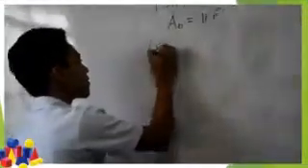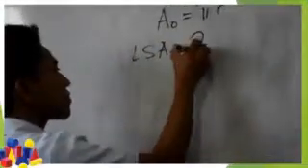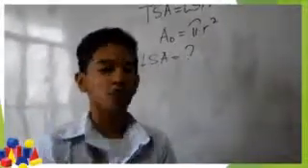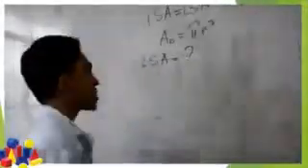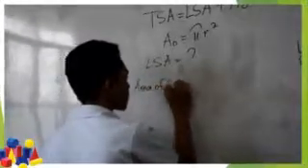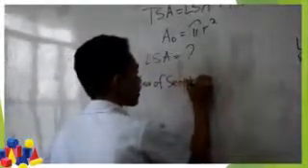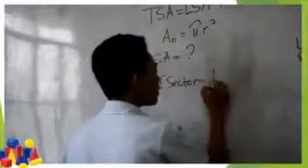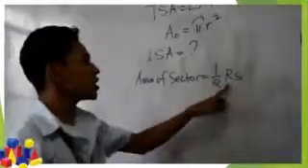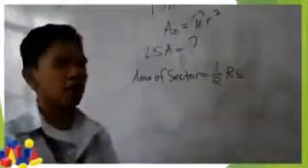In finding the lateral surface area, we must unroll the cone and it will form a sector. Since the area of the sector is equal to 1/2 times r times s, where r is the radius and s is the arc length.